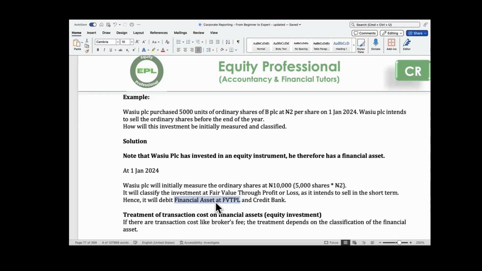So even when you see the line items in the trial balance, even if they don't call it financial assets, you see it called equity investment at fair value through P&L. When you see such, you will know that this one is for the short term. We bought it to sell it almost immediately.